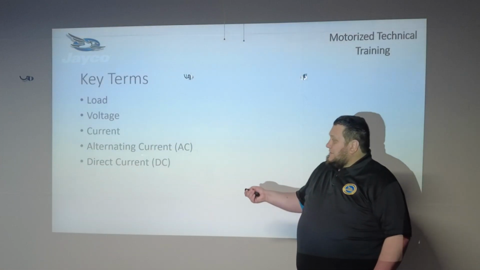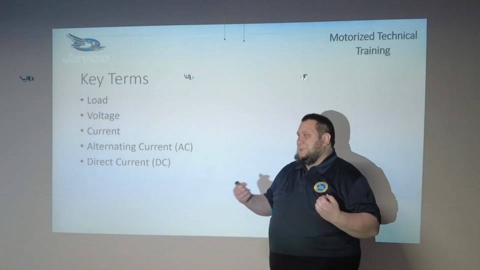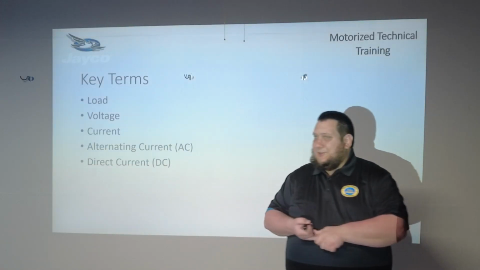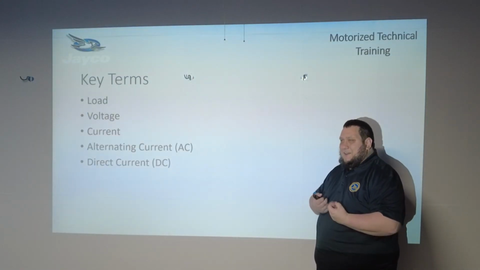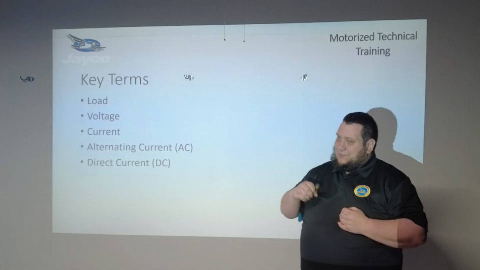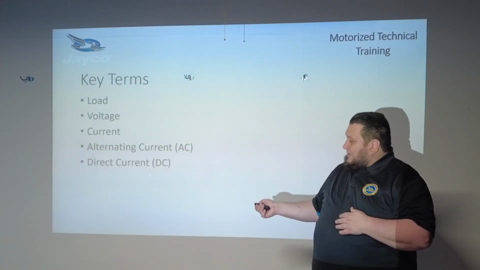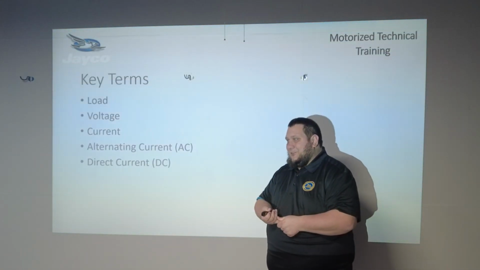In RVs, the way that we use these: alternating current is for most of your household components and your household outlets. So your washing machine, your refrigerator, depending on if you've got a DC refrigerator or not. Alternating current provides the power to those sorts of things. Direct current we use for things like the lights, which are often direct current.